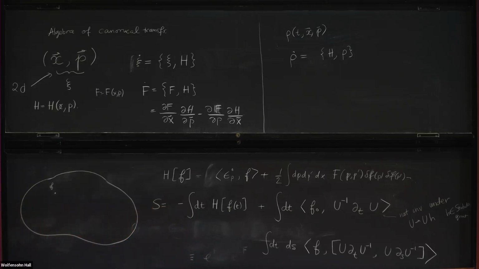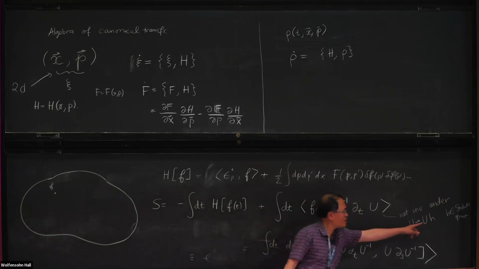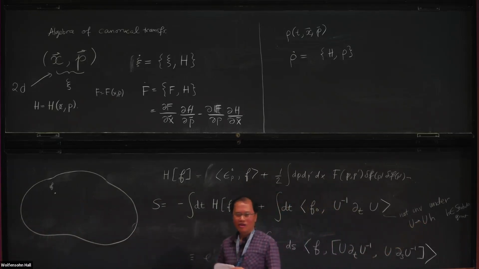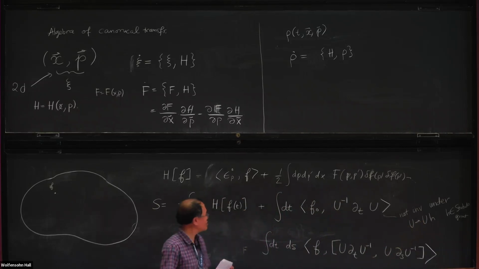So the properties of this action are the following. The most important thing to check is that the action is not dependent on the parameterization. That is, there is an ambiguity in the definition of u. One can multiply it on the right by elements of the stabilizer group.